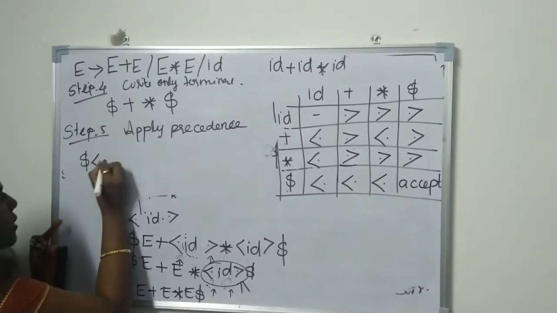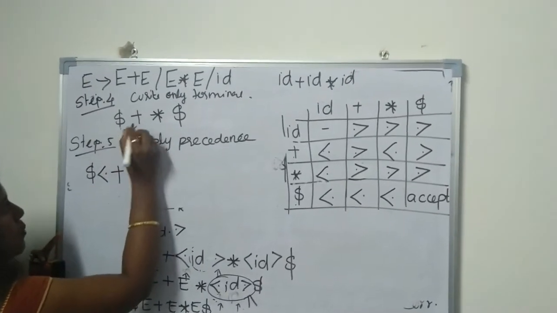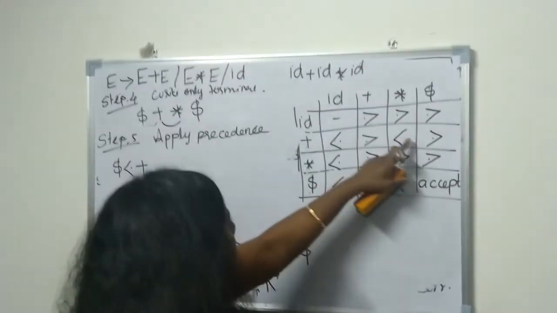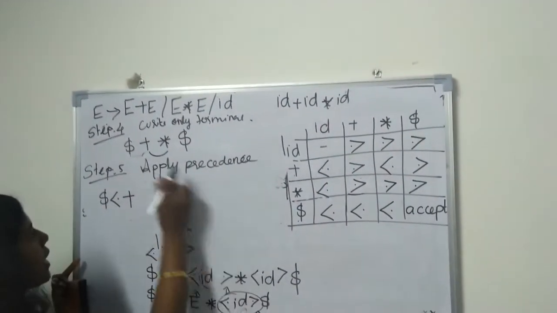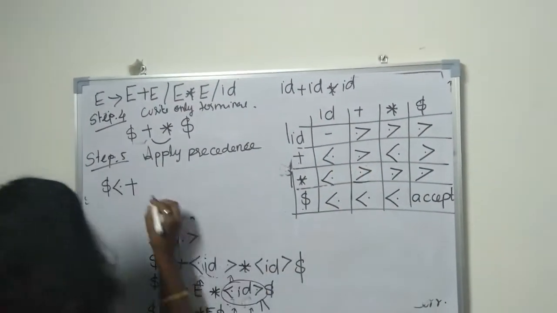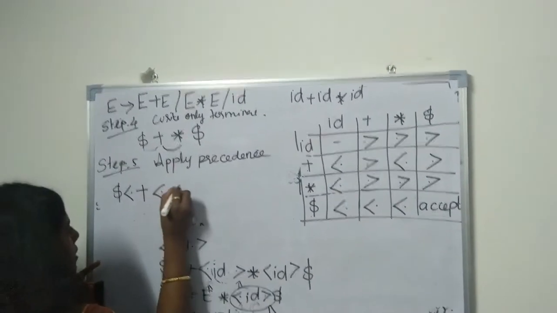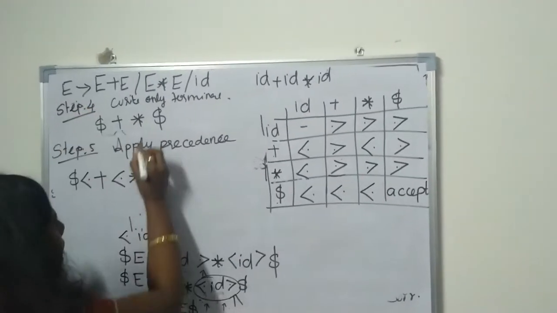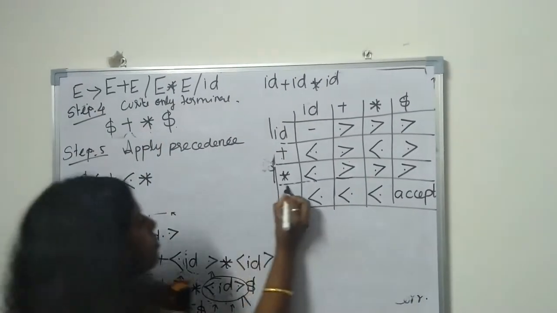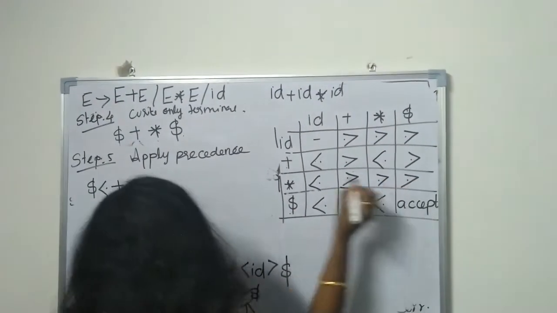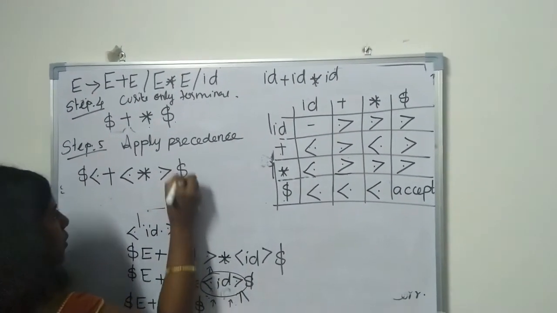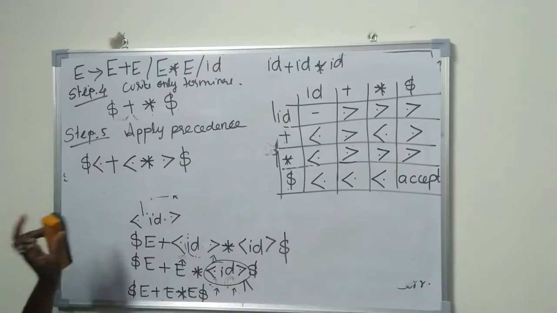So less, then plus. So now we find this. Now we are going to find plus and star. So plus and star is having less precedence. So dollar, star. Now again we are going to check star row, dollar column, that is greater than symbol, and now dollar. So this is your fifth step.